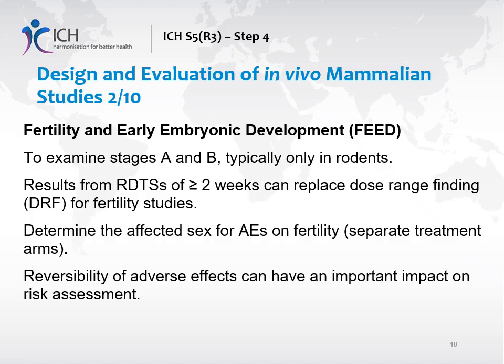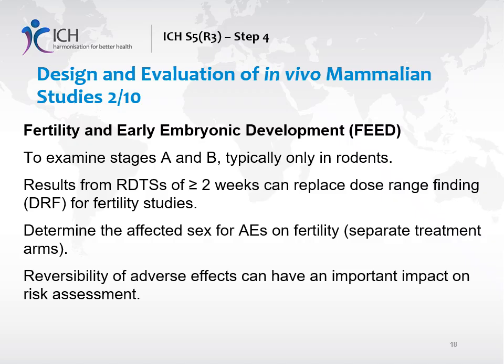The aim of the fertility and early embryonic development study is to test for adverse effects resulting from treatment initiated prior to mating of males and or females and continued through mating and implantation. This comprises evaluation of stages A and B of the reproductive process.